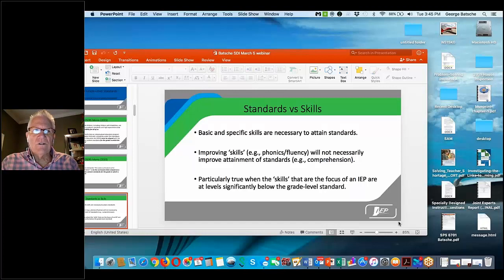The specially designed instruction could very much be focused on trying to build fluency, but it also has to be focused on what kinds of instructional strategies and supports are we going to have to enable kids with disabilities to develop comprehension skills, even if they can't read the words. We'll talk a little bit more about that.